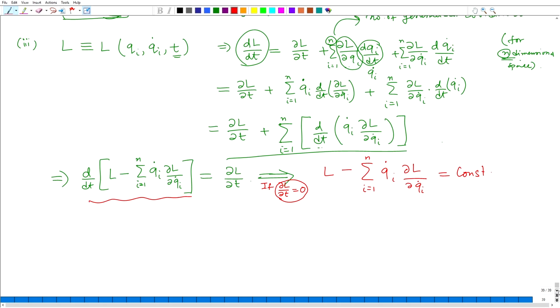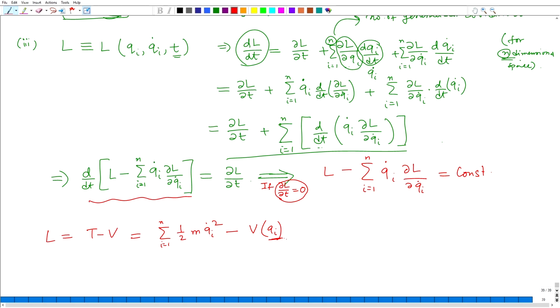Now, I just use my definition that L is equal to T minus V, where T is nothing but summation over i from 1 to n of half m qi dot square, minus V. So, V is a function of qi's. qi means just not one i, it can be generalized, it can be depending on more than one generalized coordinate, but only coordinates, not velocities.